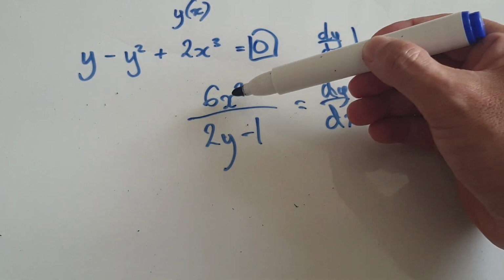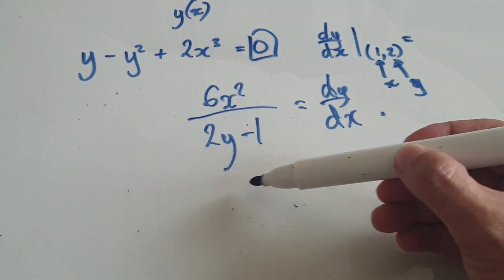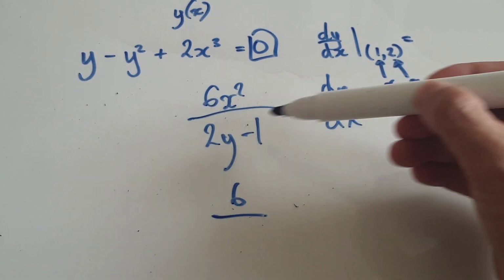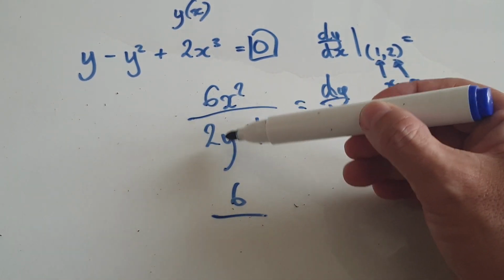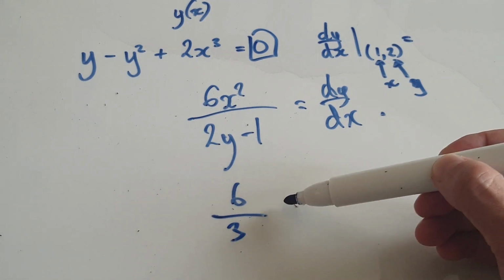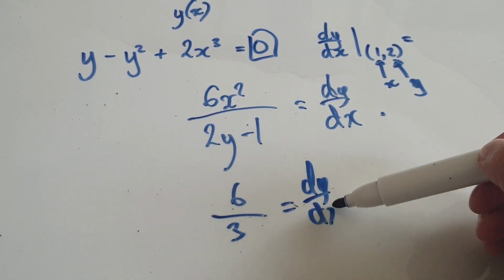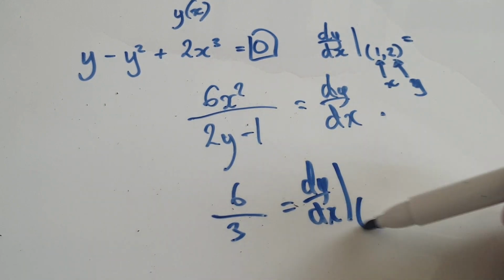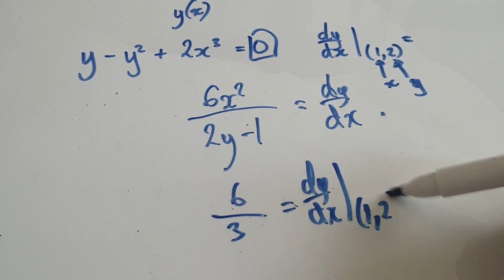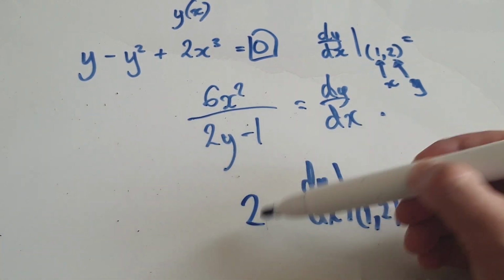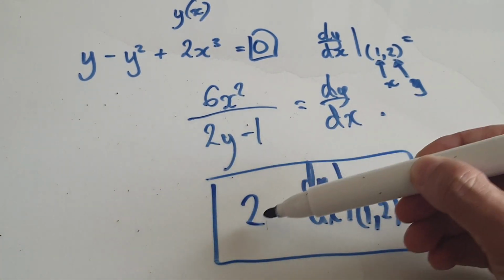So I'll put 1 into the x. 1 squared times 6 would be 6, and then put a 2 into the y, so that will be 4, take away 1, which will be 3. This is the number that equals dy by dx, evaluated at 1, 2. So now 6 divided by this would be 2. So the final answer is 2, okay?